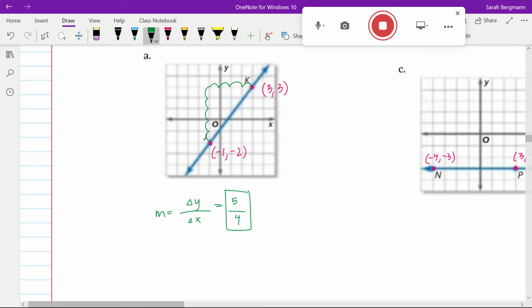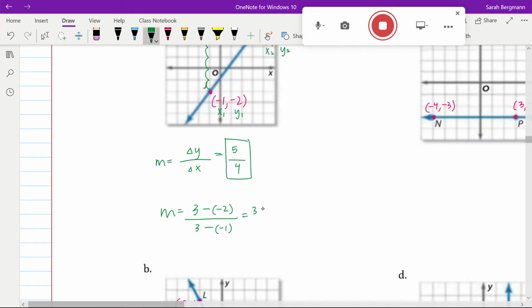I'll show you also how to use the formula here. So we want to represent x1 and y1, x2 and y2. So the formula says that we can either do y2 minus y1 or y1 minus y2. It doesn't really matter which way we do it as long as we match it in the denominator. So I'll just do y2 minus y1 over x2 minus x1.